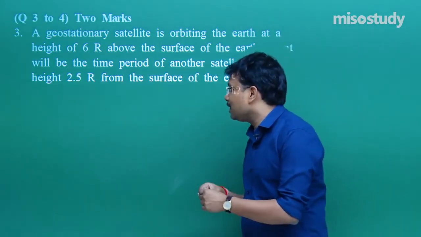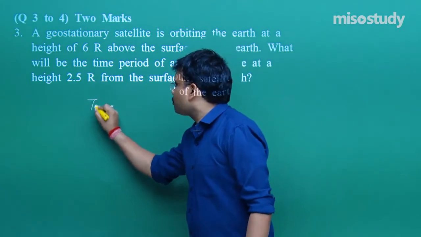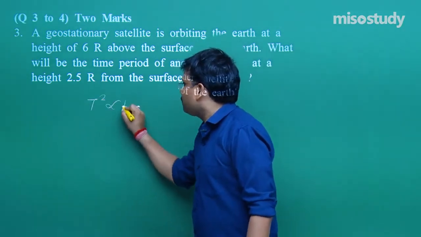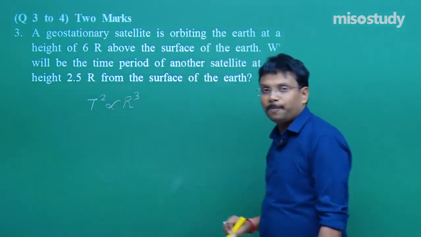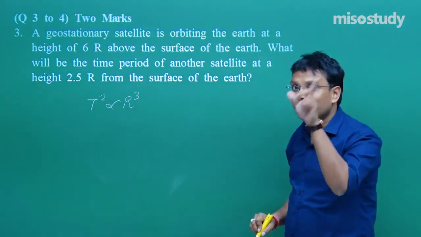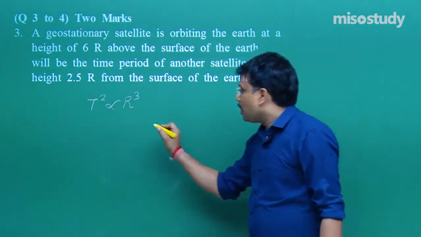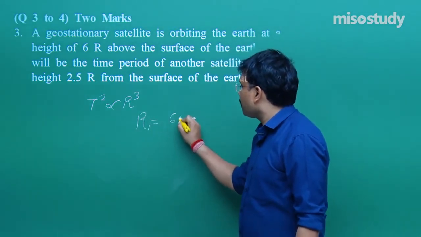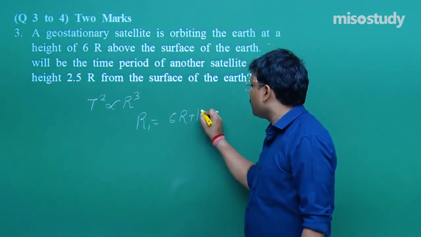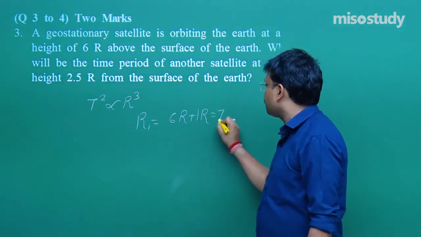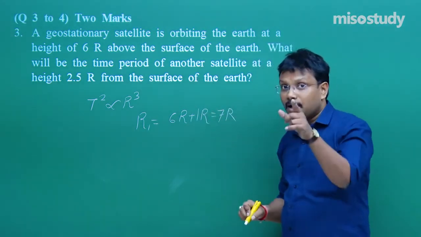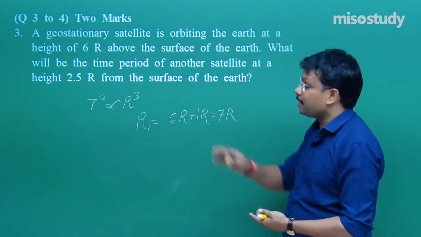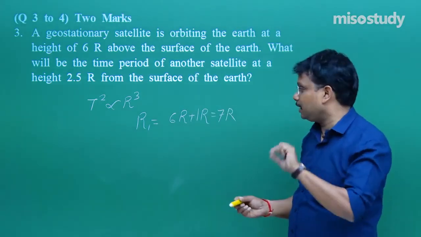So formula is T square is directly proportional to r cube. This formula you have to use. Now R1 is equal to 6r plus 1r, that will give you 7r. Why? Because the distance is measured from the surface, not from the center.